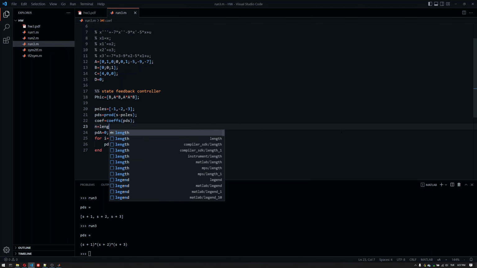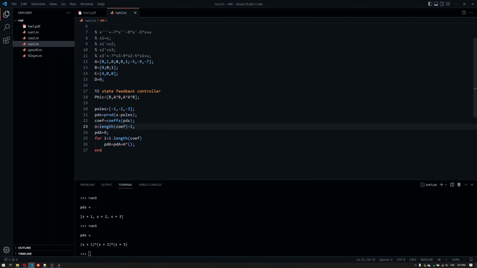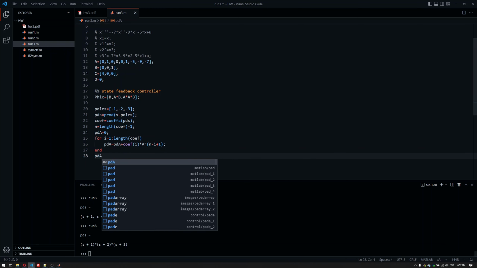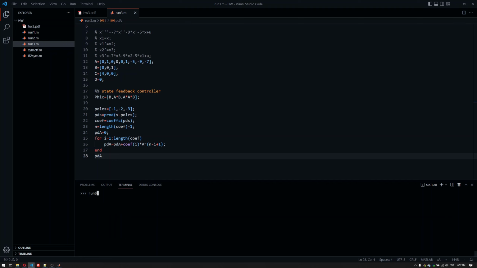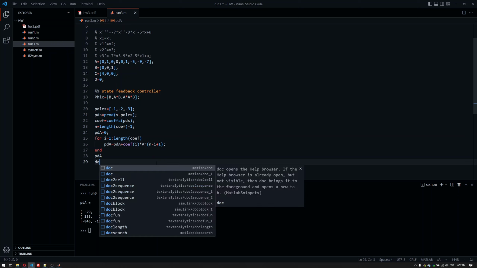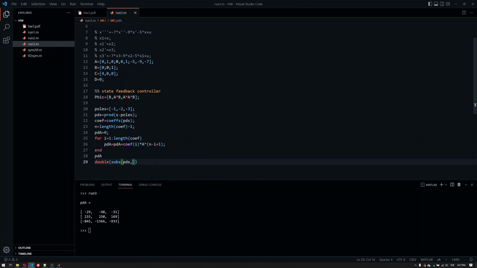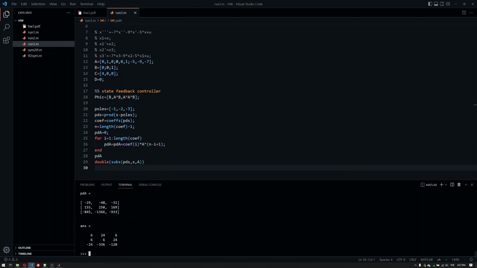So n equals length of coef minus 1, so n minus I plus 1 times coef I. So let's see what PDA looks like. So this is not the same as this one here. You can see it's not the same. And the reason is that it will add it element by element.